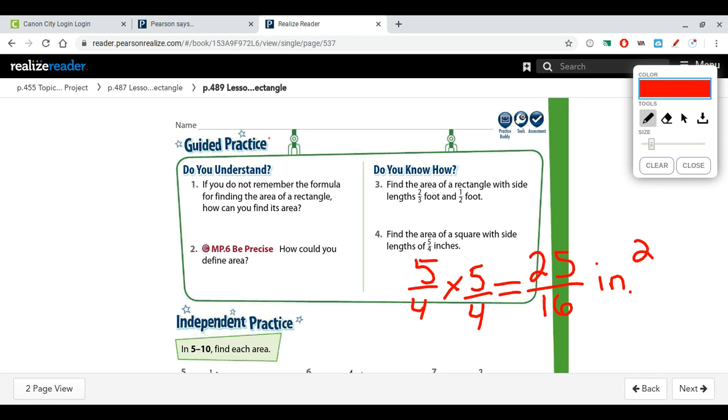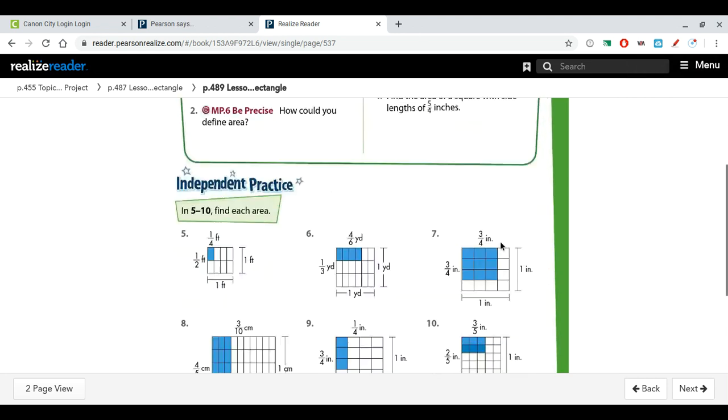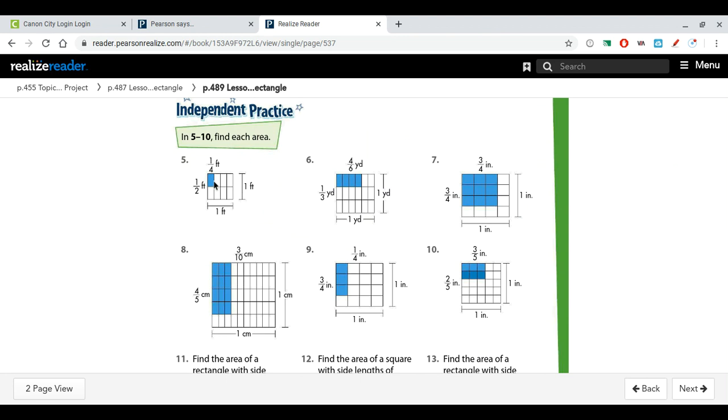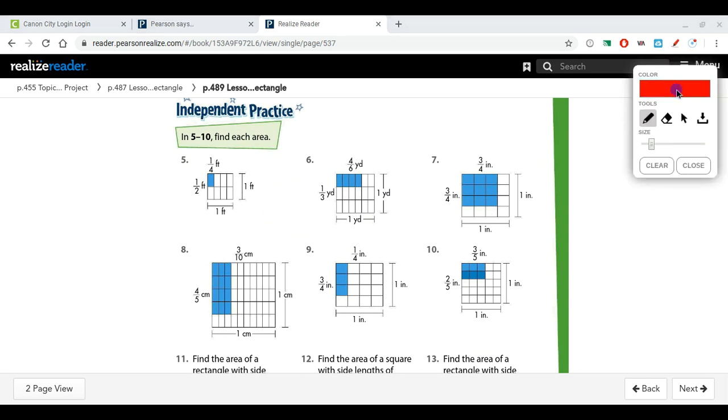Okay. All right. So you are going to be working on your independent practice. If you take a look, you'll notice that we have those models. And so let's go ahead and do one of those models together just so you can see what that looks like. So this right here is representing the whole part. So it's representing a 1 foot measurement. We're looking for the area of a 1/2 foot and a 1/4 foot.